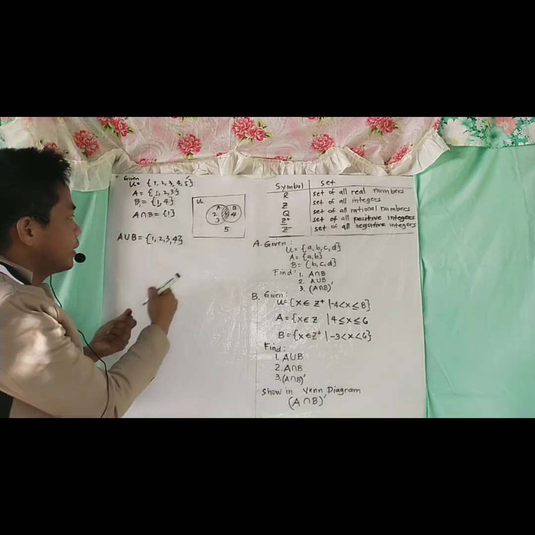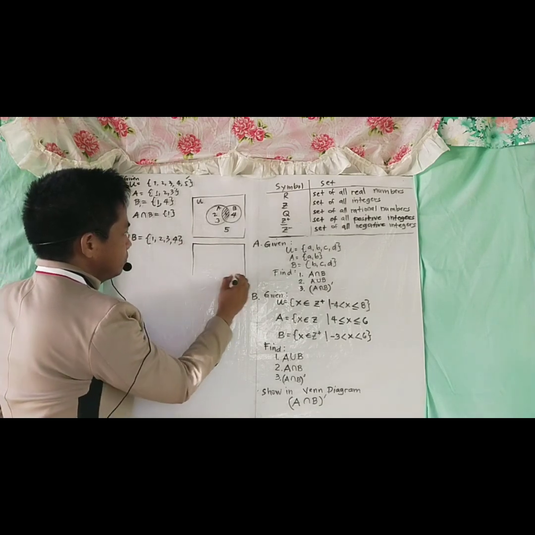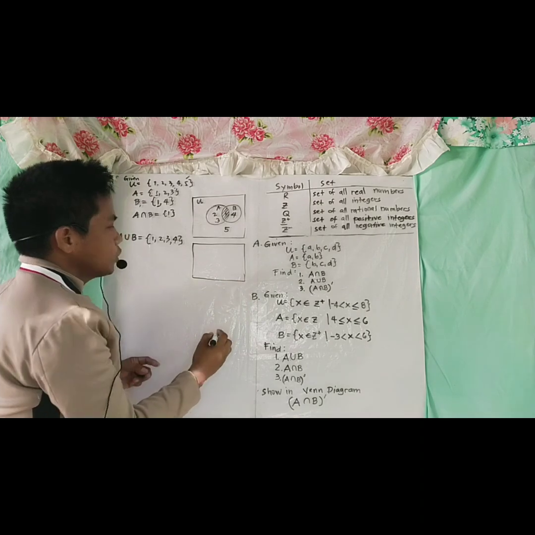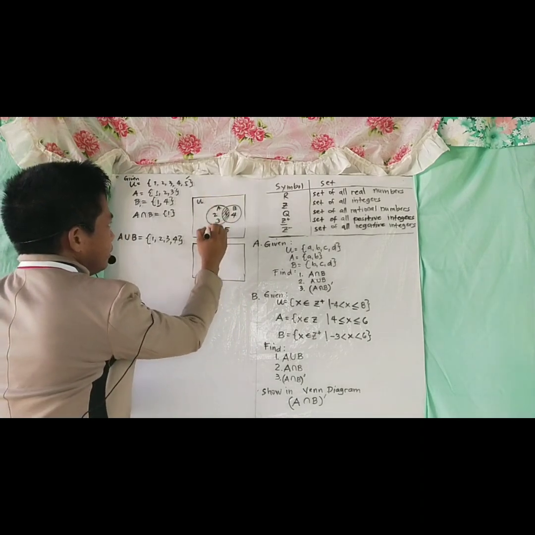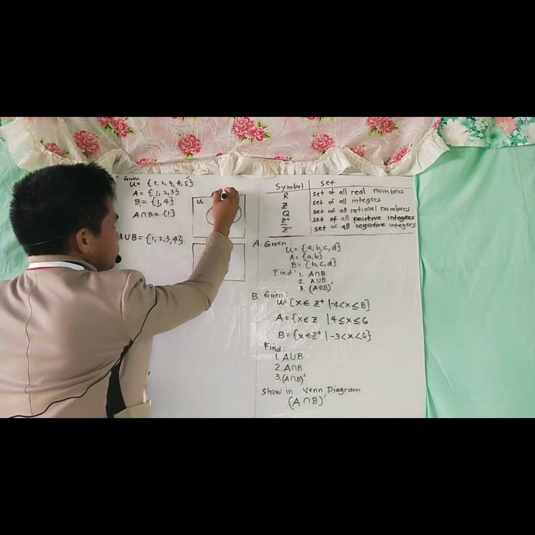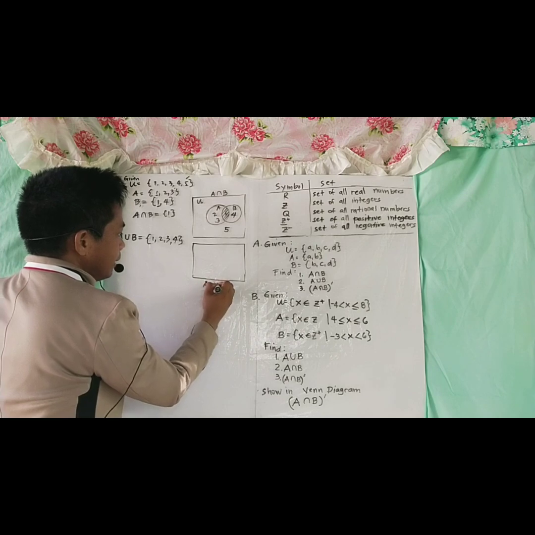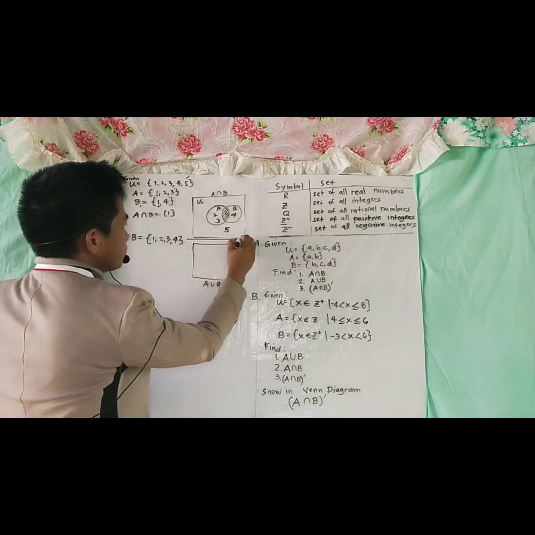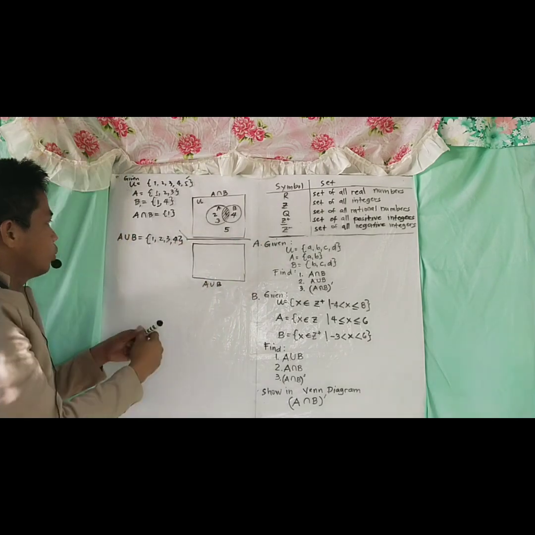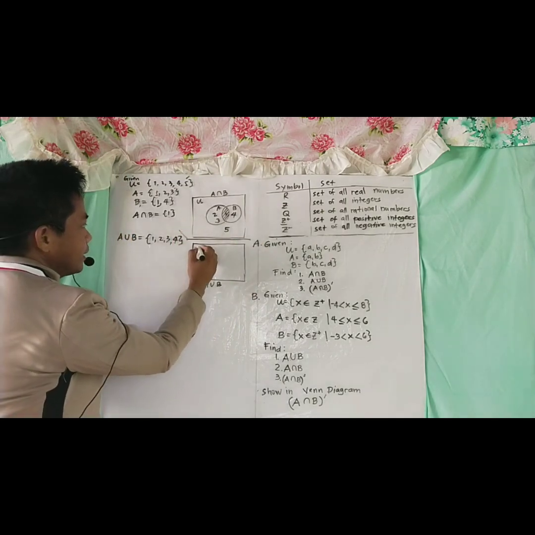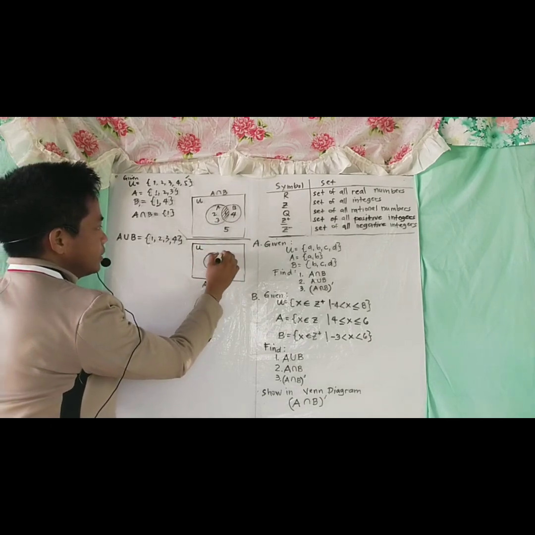To do that, the same process. Let's make a Venn diagram. So that we do not get confused, let us label this one A, and this is A union B. We have the same process, the universal set, and these two circles.